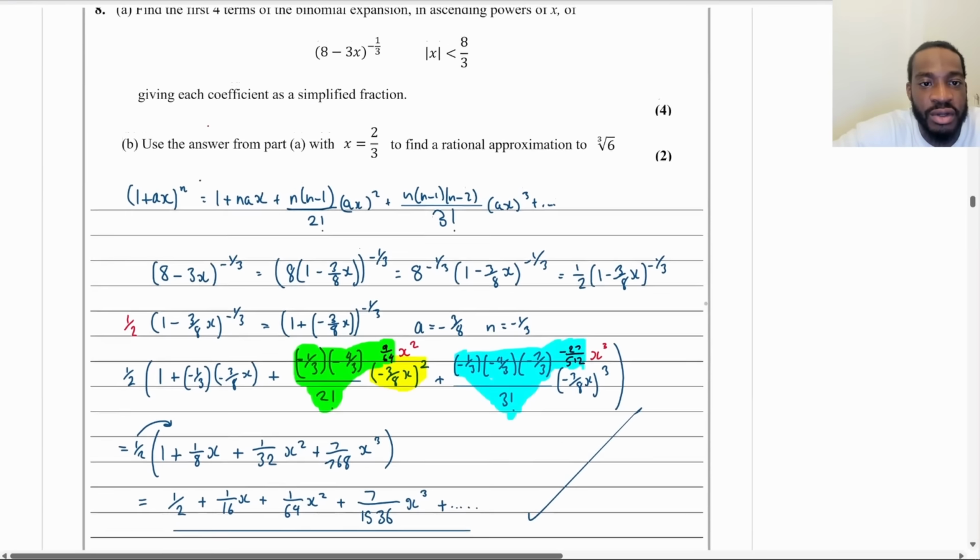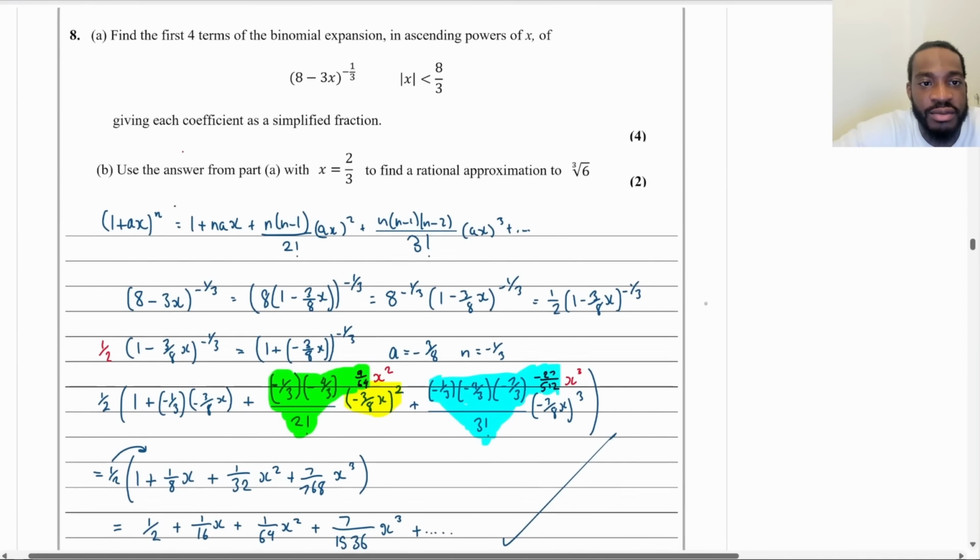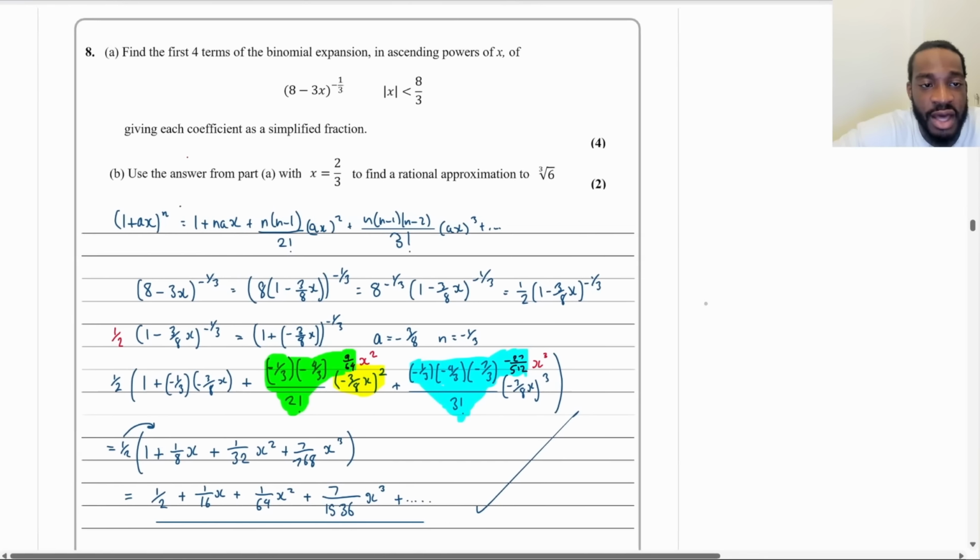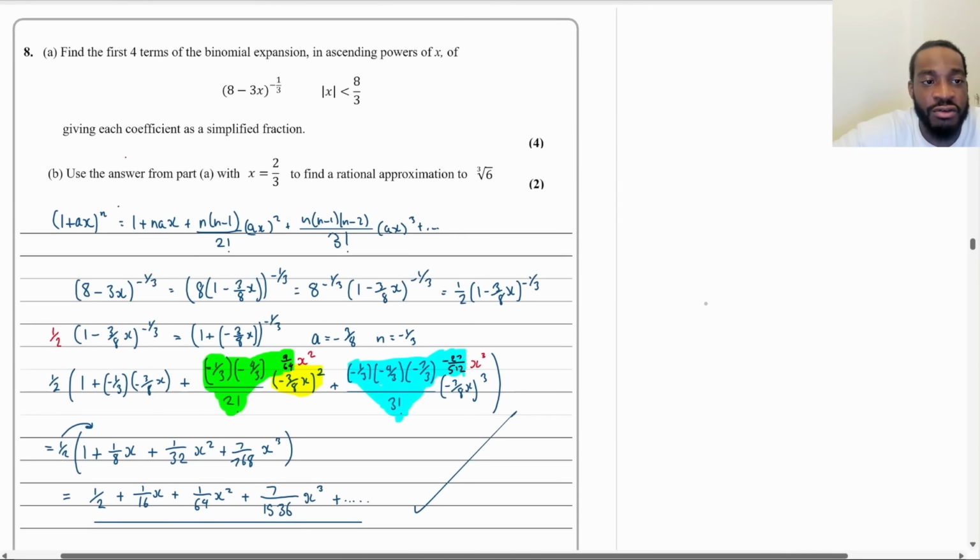Just double check, what do they want? Simplified fraction, the first 4 terms in ascending powers of x. Yeah, that will be it. And that will give you the 4 marks for part A.